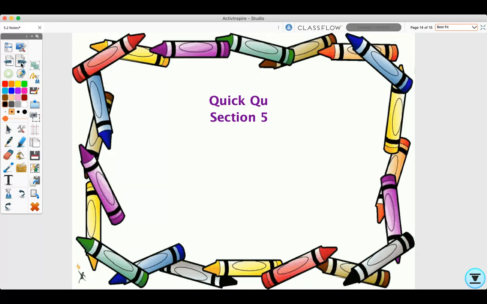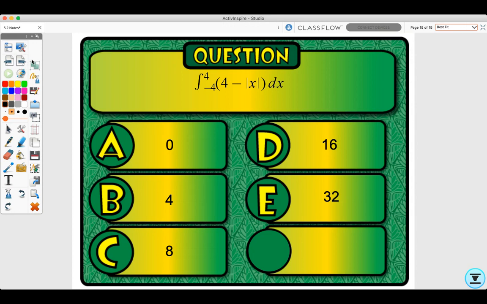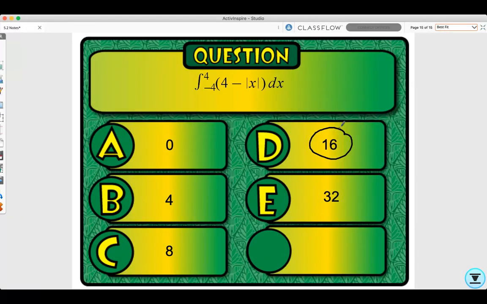Let's look at the last quick quiz. Question: evaluate the integral from negative 4 to 4 of 4 minus the absolute value of x. Take a minute, pause the video, and try to figure this one out on your own. Hopefully those of you who tried it on your own got 16.